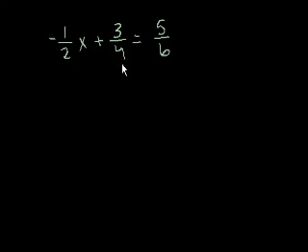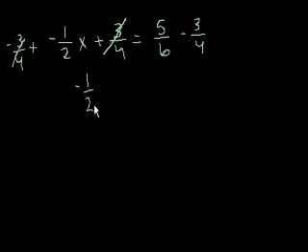If we want to get rid of this 3/4, all we do is we subtract 3/4 from both sides of this equation. Minus 3/4. Well, on the left-hand side, the 3/4s will just cancel, and we get minus 1/2 x equals, and then on the right-hand side, we just have to do this fraction subtraction.